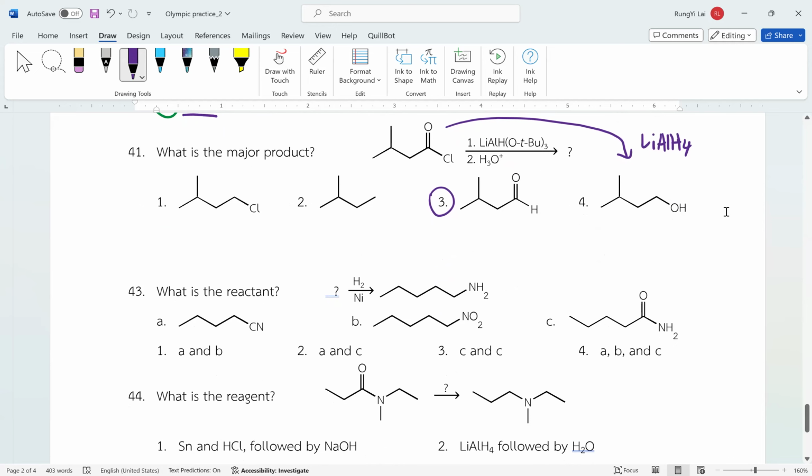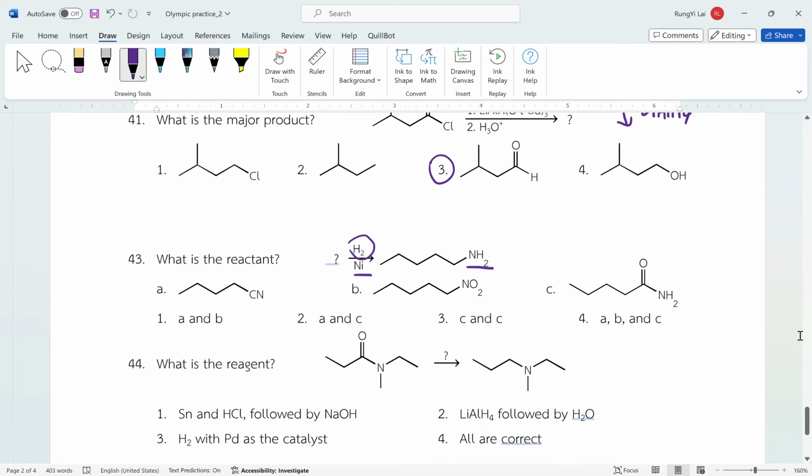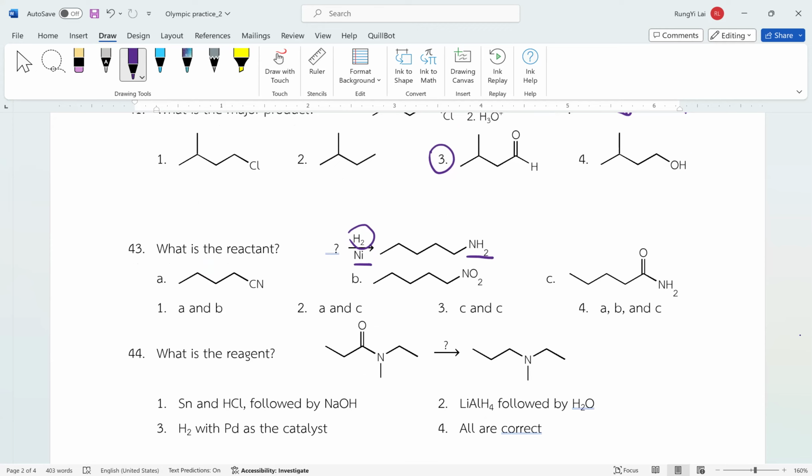Okay. So question 43, you can see the reactant is question mark, and then you can see the condition requires hydrogen gas and the metal, and then you are going to get ammonia. So that means the answer should be, let me see. So how many carbon? So we have 5 carbon. So this one is correct because the NO2 can be reduced by this condition.